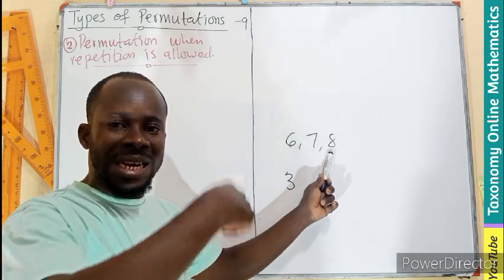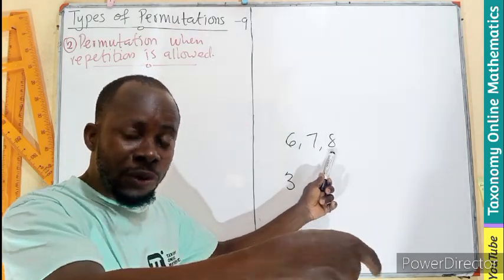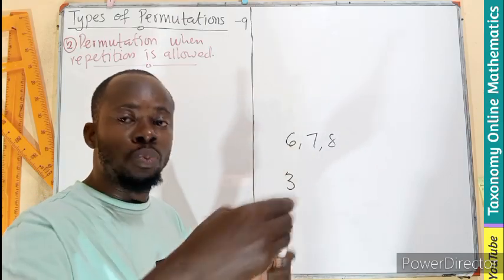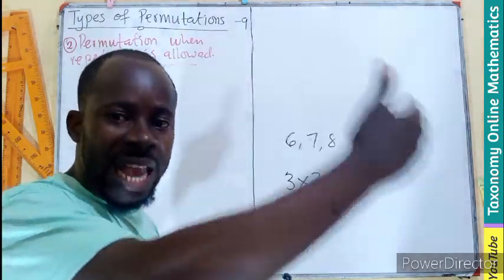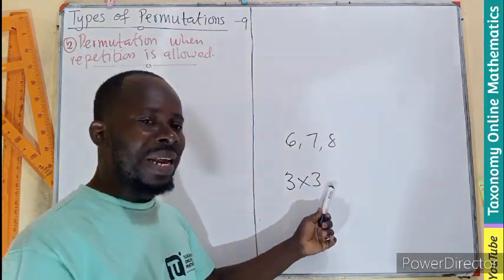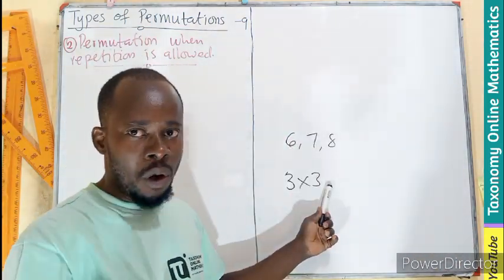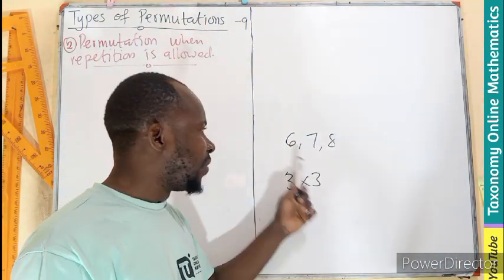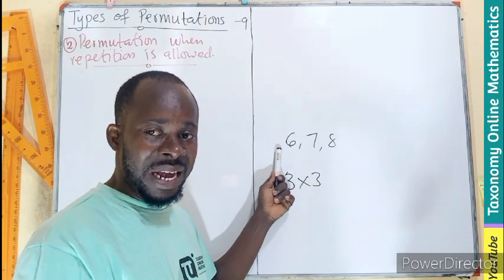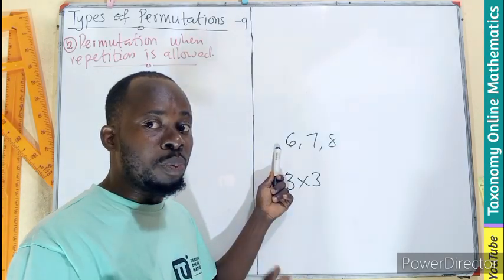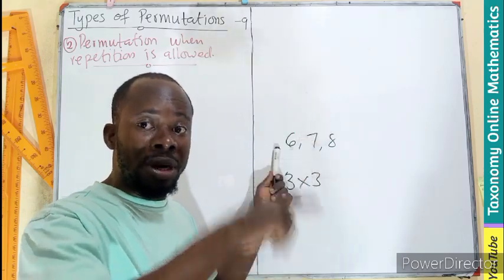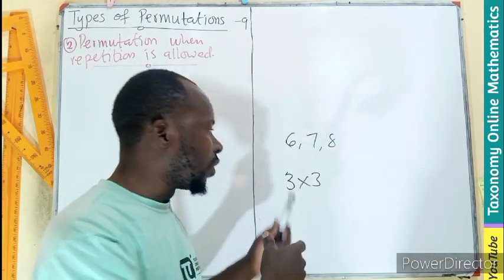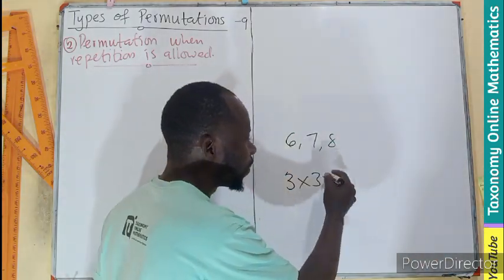It could also mean that 6 can appear again. Which means I still have 3 choices to pick from. So that means I'll be having 3 for the 10th position. How about the ones column or position? The fact that I've taken 6 doesn't mean that I am left with 2 options to pick from. No, I still have 3 options to pick because the repetition is allowed. So it means I should have also 3.